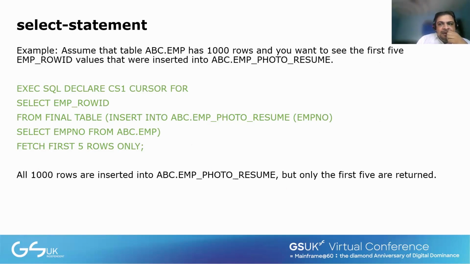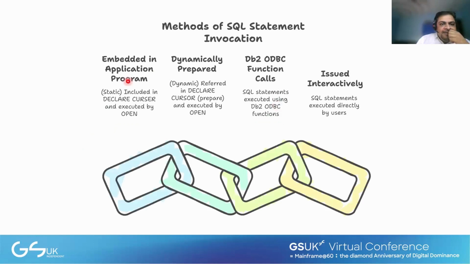Now we'll see the methods of how you can invoke the SQL statements. One of the ways is you can embed in an application program, like what I have just shown you. You can mention it after the declare cursor statement, and it will be executed by the open command. So that's a static embedded program. Second one is dynamic, where you basically prepare the statement as they run.